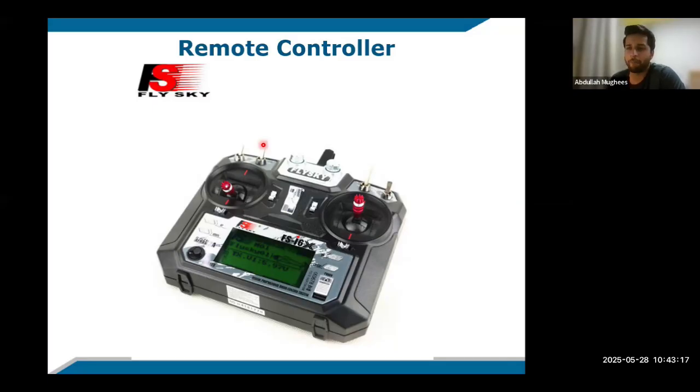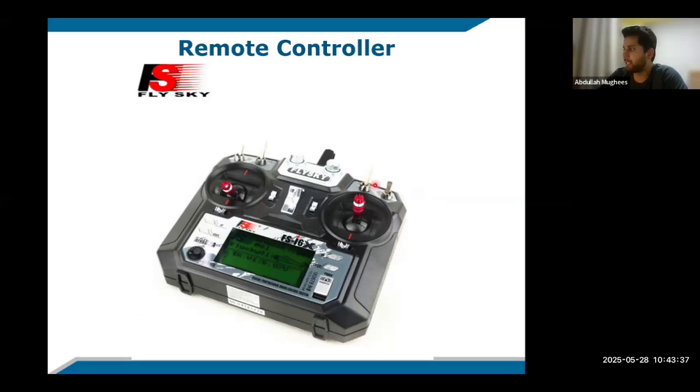Maybe you have put some agriculture spray onto the drone. You flick one of the switches and it starts spraying the crops, and then you flick it upwards and it will stop the spray. So different kinds of actions that could be performed using these drones can be assigned to these switches.